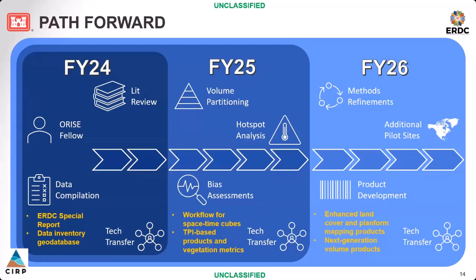So what are the parameters that we can use to fill the voids in these data sets and run the hotspot analysis? And then what impact does using different parameters have on the end result of that hotspot analysis? That's work that we think at this point Scott will be leading with support from others on the team.